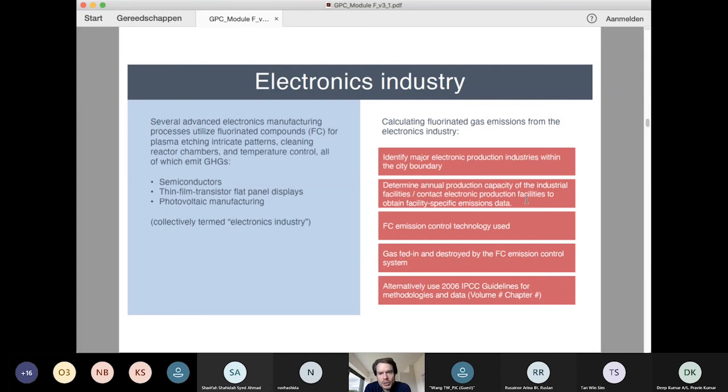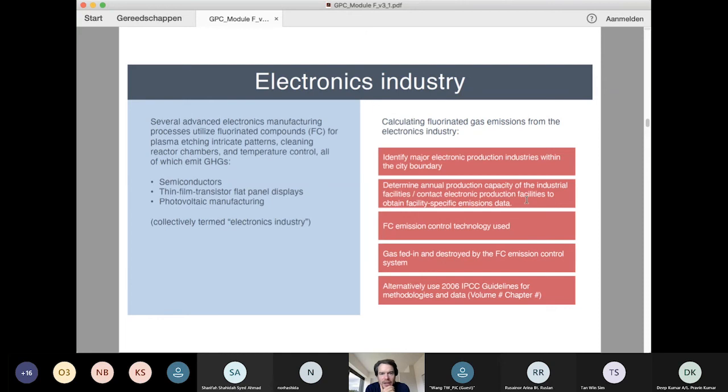The process here is to identify major production industries within your city, focusing on electronics, and look at their production capacity, which technologies are used, and any control technologies. Then find out if they have direct emission control systems, which you could use to measure emissions directly, or find other methodologies or emission factors from IPCC reporting.